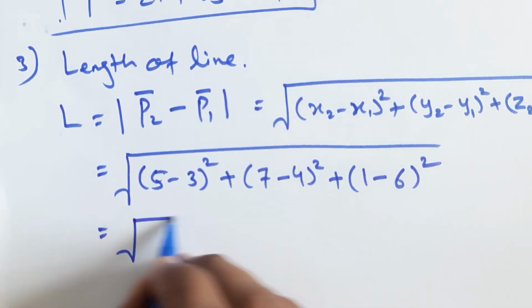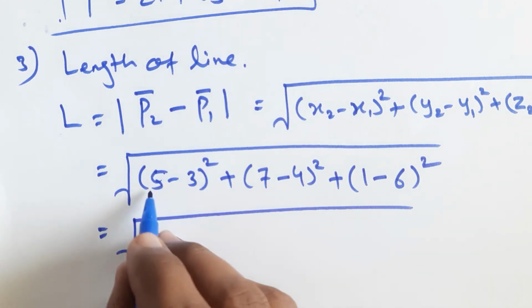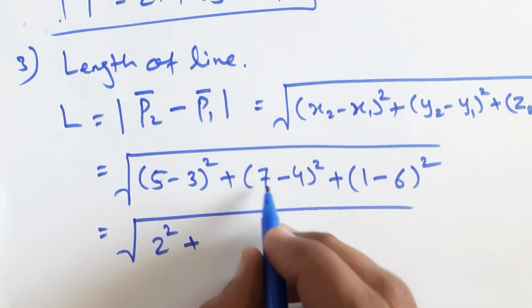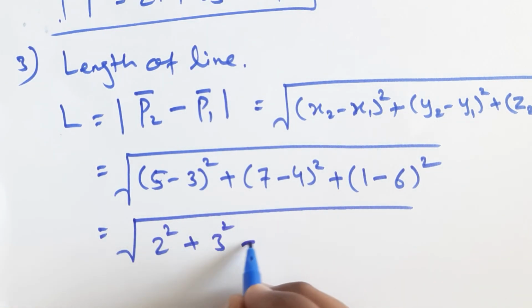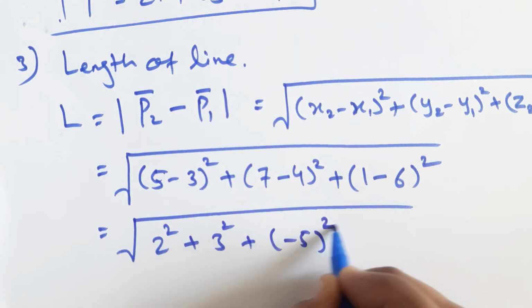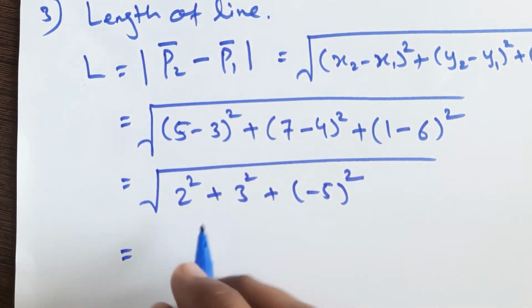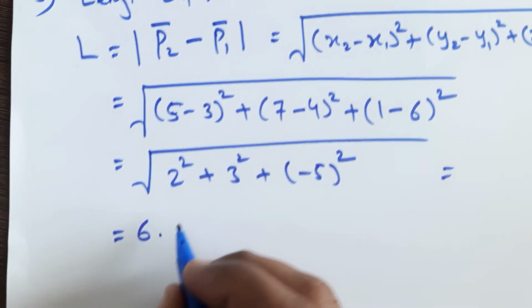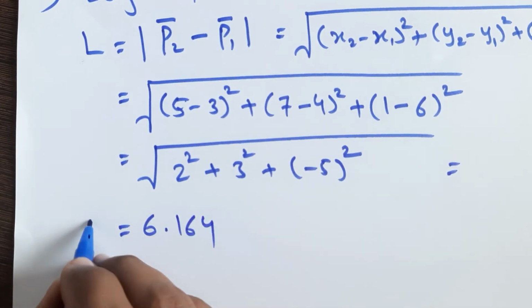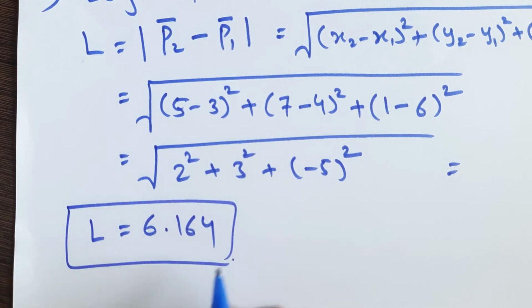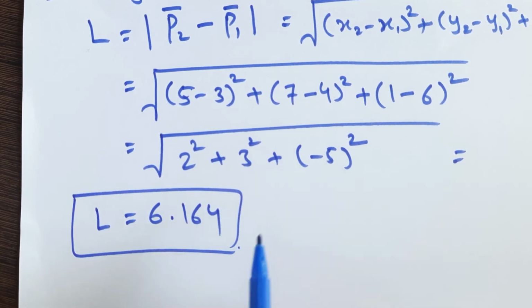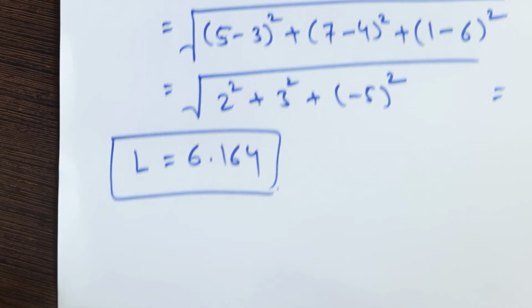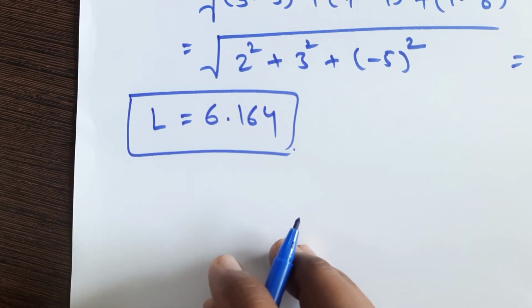That is 2 square plus 3 square plus minus 5 square. If you solve it, the length L will be 6.164. Unit is not given, so you don't have to mention meter, mm, or whatever.